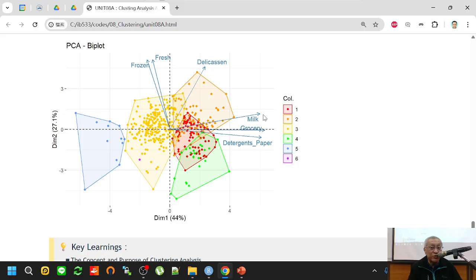So when these 3 variables are together, it means that a retailer that buys more milk tends to buy more grocery and more detergent. Okay, and these 2 have a very small angle between them, right?